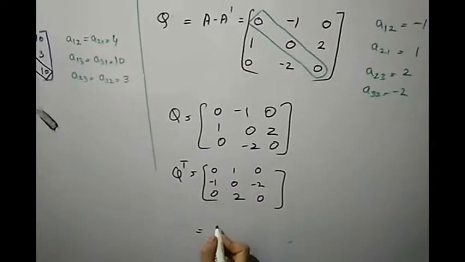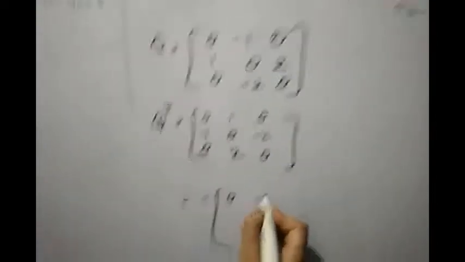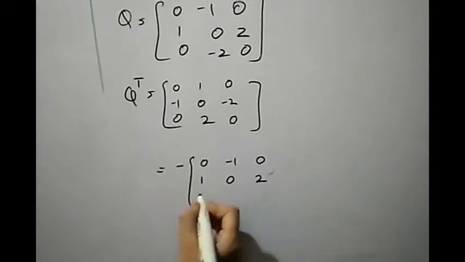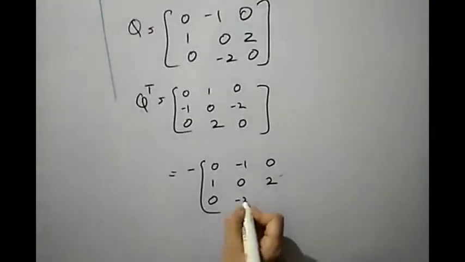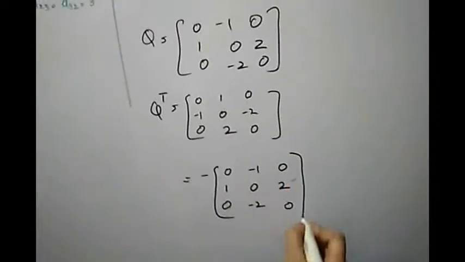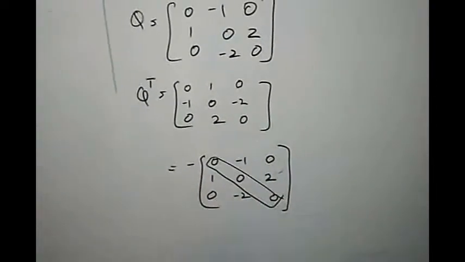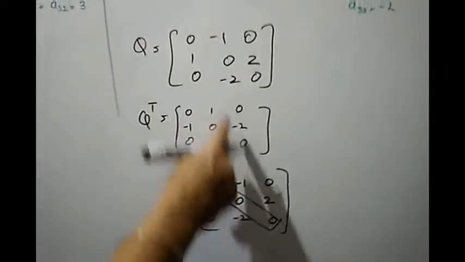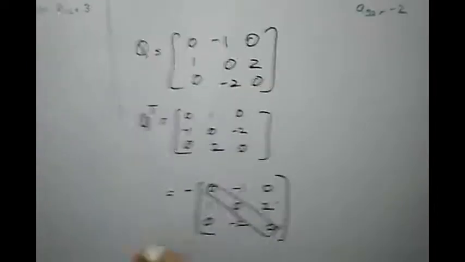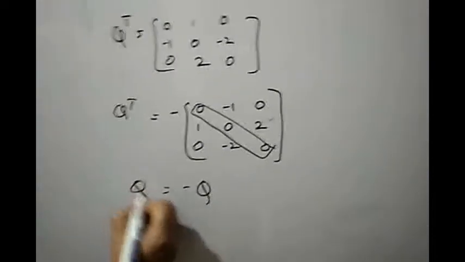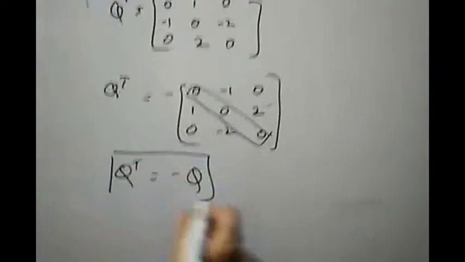Take negative sign common. So it is minus of 0, minus 1, 0, 1, 0, 2, 0, minus 2, 0. This is the leading diagonal element. Now, when you compare this matrix and this, you can see Q transpose is equal to minus Q.